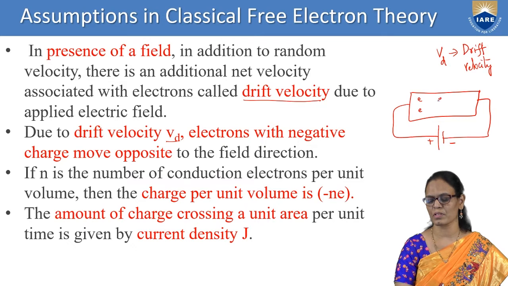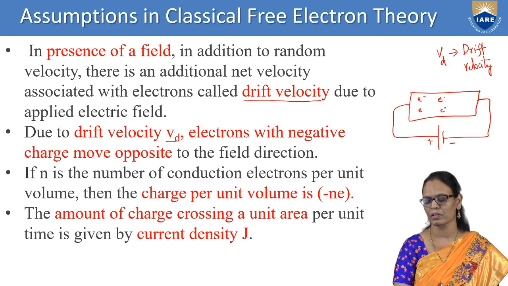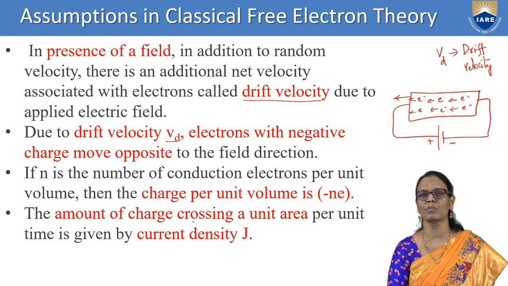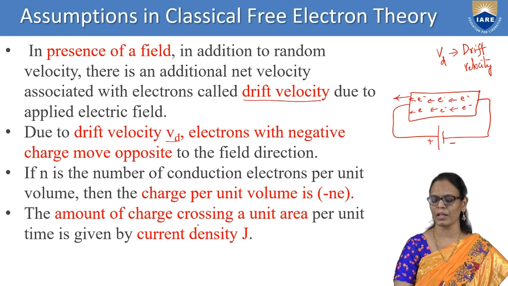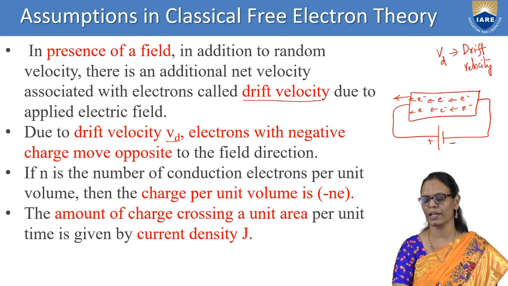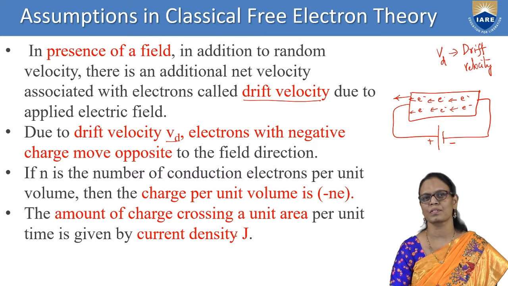All the electrons here will drift slowly towards the positive. Now they are no more moving in random directions. Once we apply the field, because they are negative, they drift towards the positive.